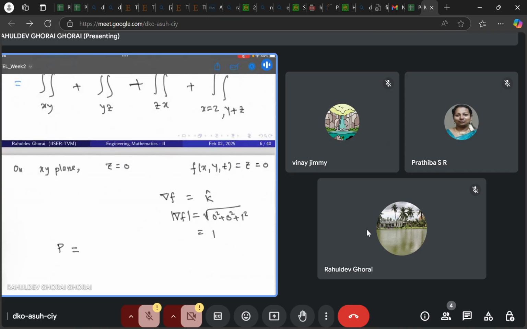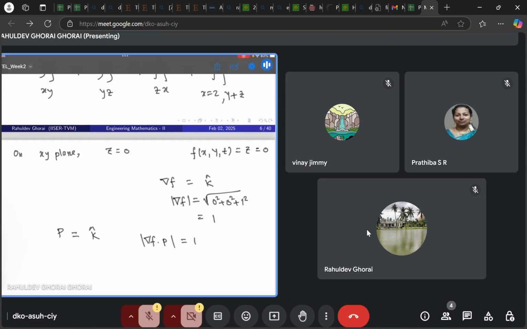If it is the xy plane, the unit normal will be k cap, because i and j are varying, so k cap will be the normal. So gradient of f dot p, that modulus will also be 1.